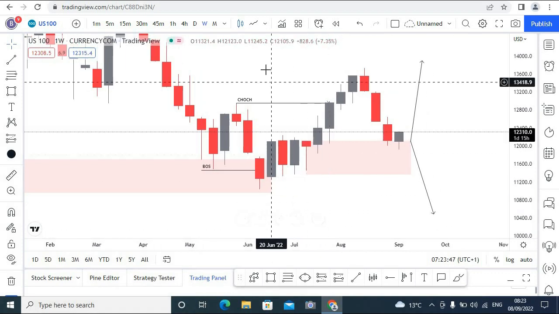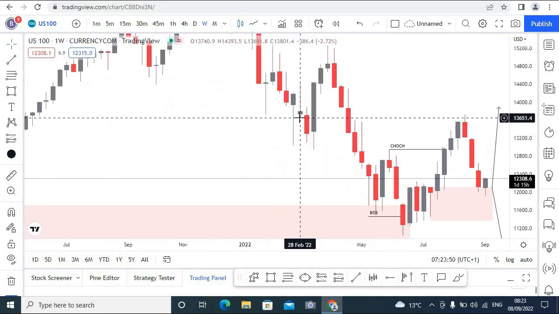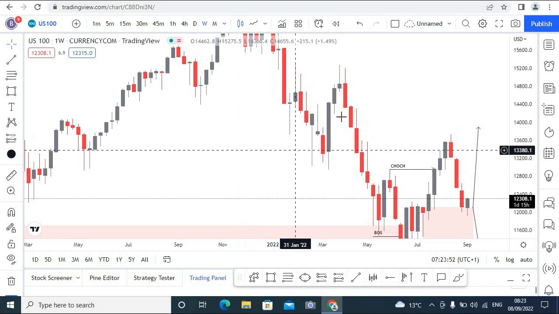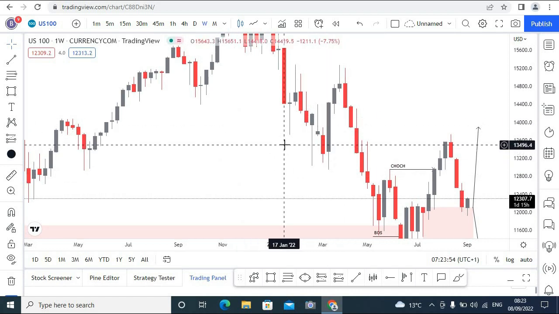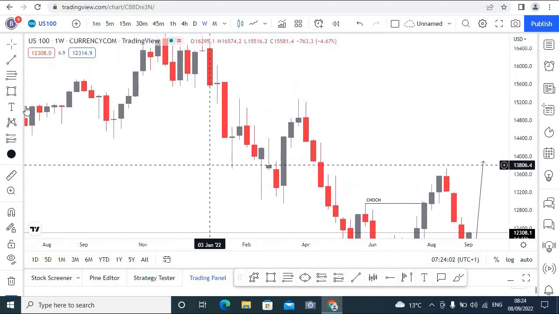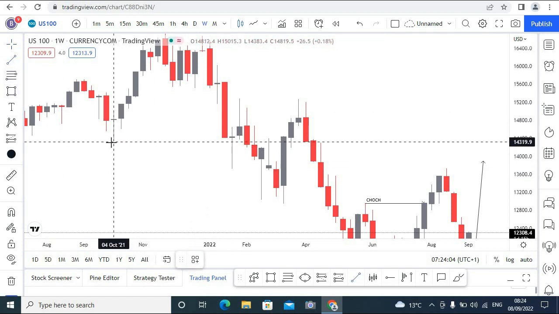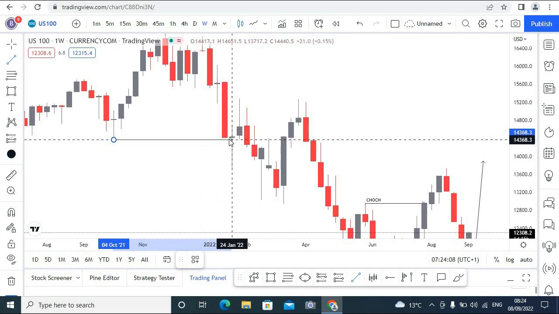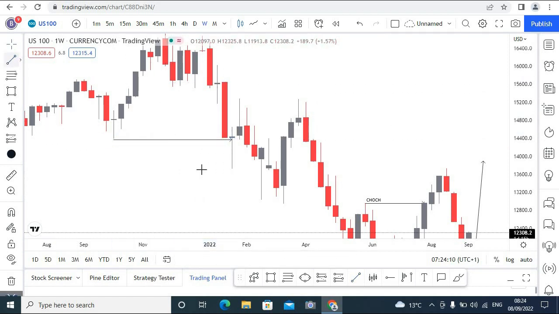So what you have to understand, all right, you have to understand the previous market structure, so that you'll be able to anticipate a move, as I said. So you can see that the price has been creating new higher lows, and these new higher lows were being taken out.